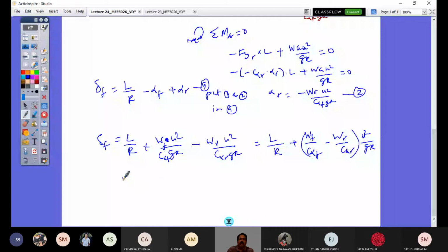So small relationships like that you should know, which are called kinematic relationships. So here delta F is equal to L by R, and this term is what is called the K US. So plus K US into U squared by G R. Again, the unit is what I was telling: K US would be in radians, and U squared by R is an acceleration divided by G, so that is also unitless.